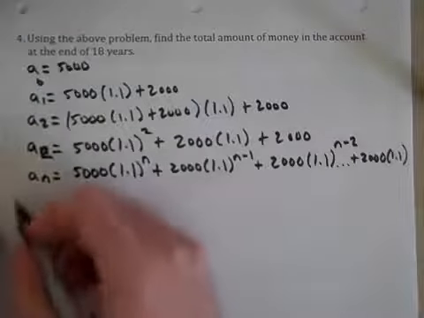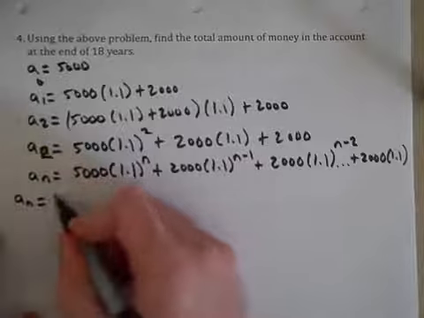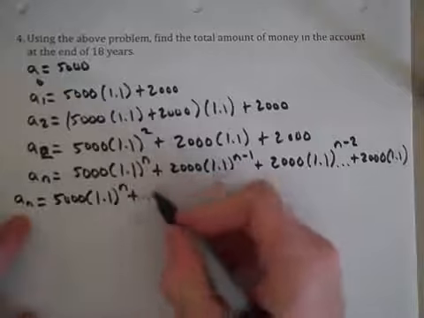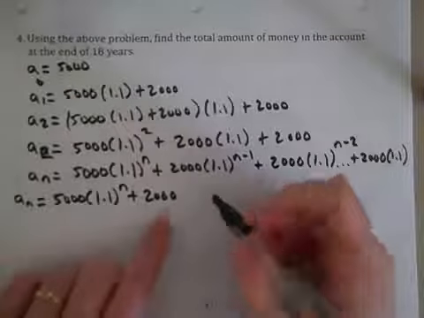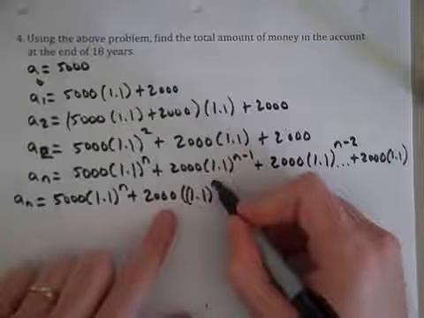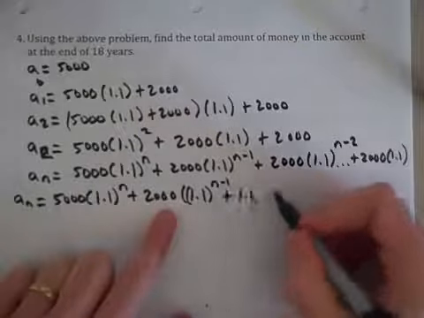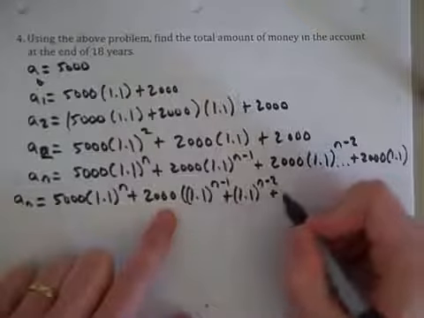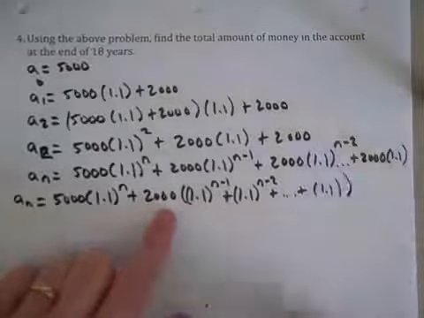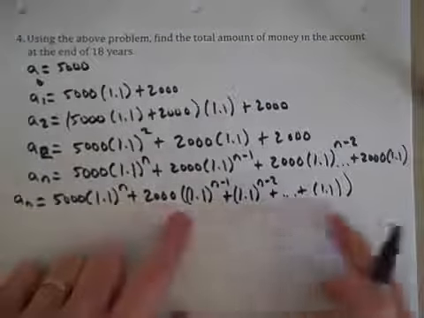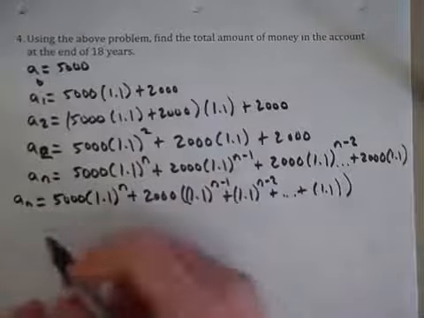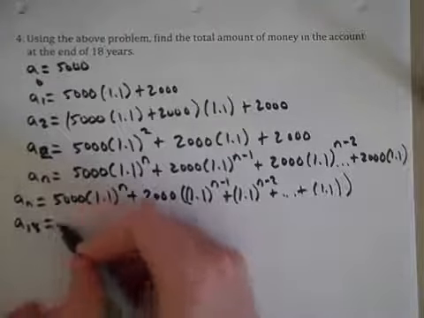So if I make this a little bit neater, I can factor out a 2,000 here, and I'm going to be left with this is a geometric sequence, or geometric series. So the question's asking us to find a sub 18.